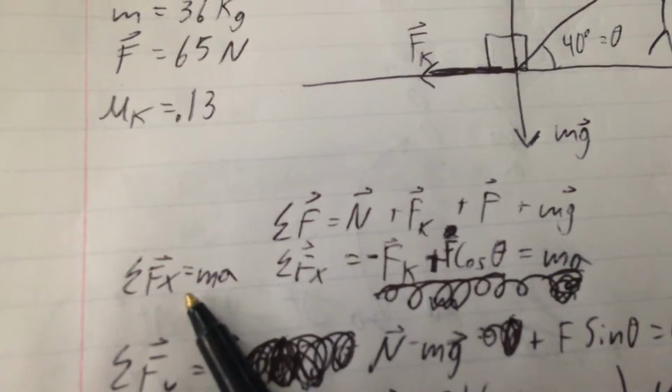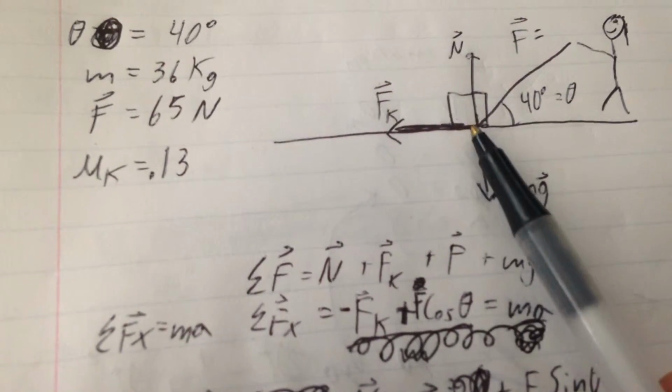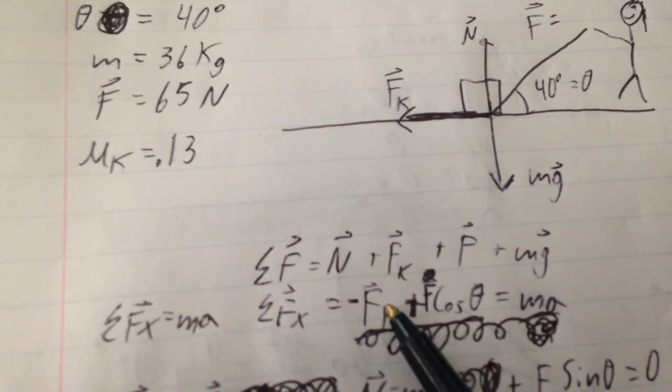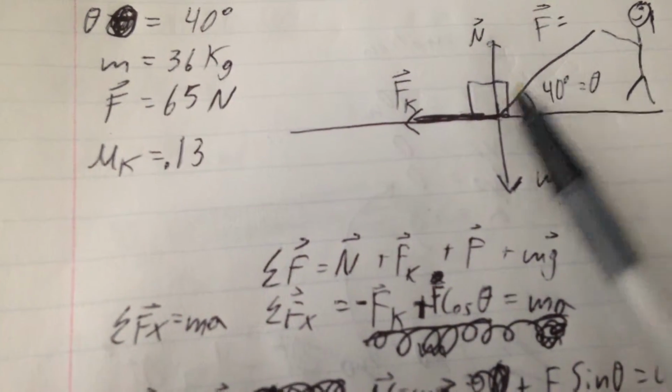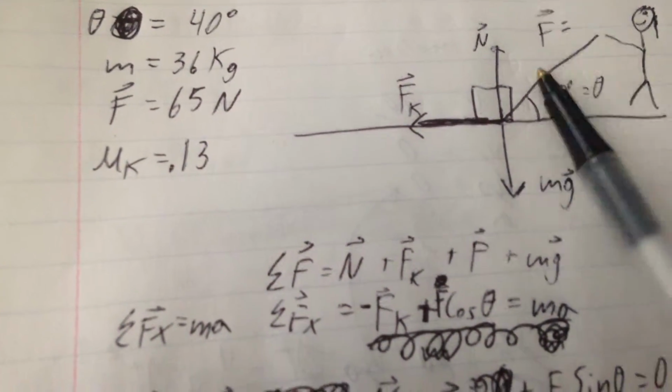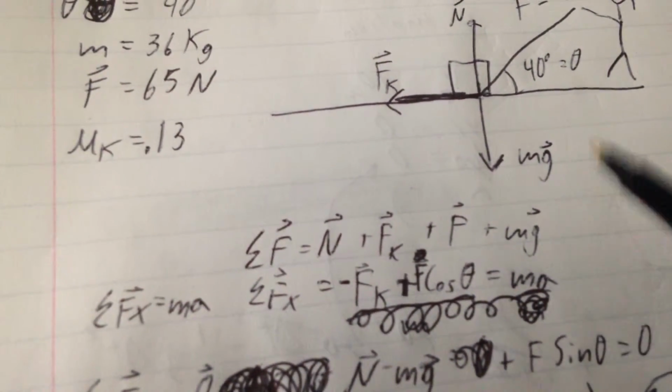In the x direction, it's equal to mass times acceleration. So in the x, you have negative f of k because it's going the opposite direction, plus the force times cosine, because cosine is adjacent over hypotenuse and you're using your x's. It's equal to mass times acceleration in the x.